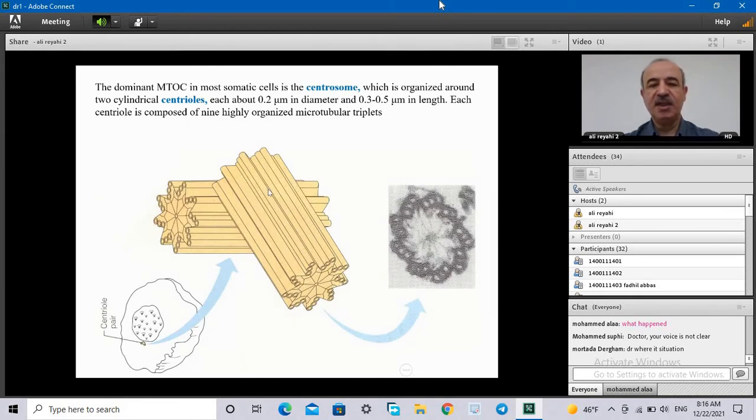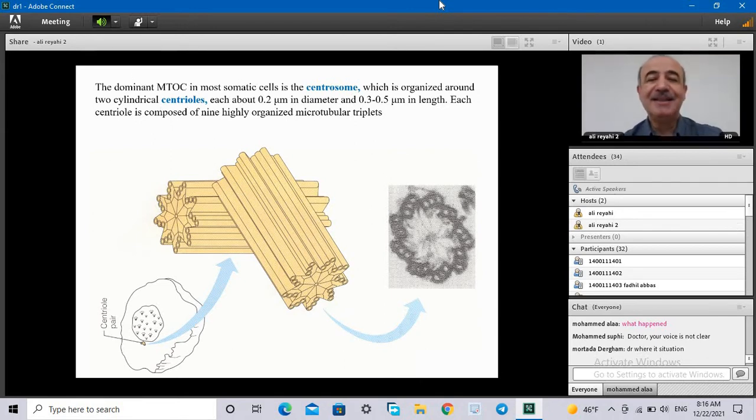This picture shows the centriole. Attention please, the other MTOC organelle is the centriole. Probably you have heard about the name centriole.